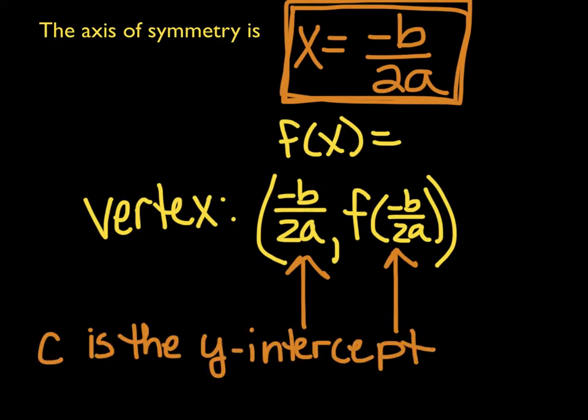Another important thing to note is when you have your quadratic in standard form, c is going to be your y-intercept, because if I were to plug in a 0 for x, all that would be left would be c, and so you have a point at 0, c. You always do in standard form. And so that gives you 2 points to start with to plot your parabola.